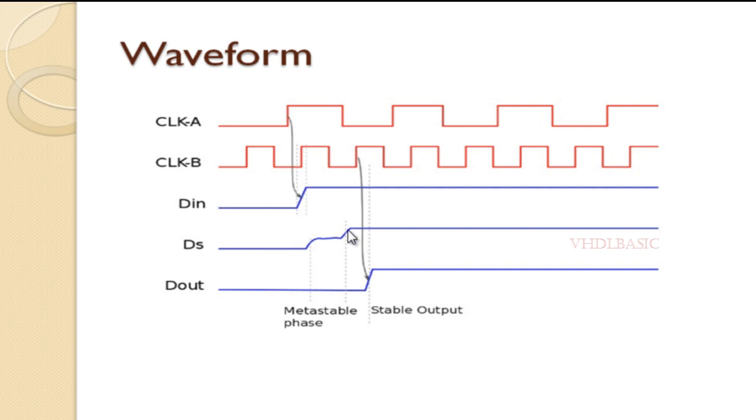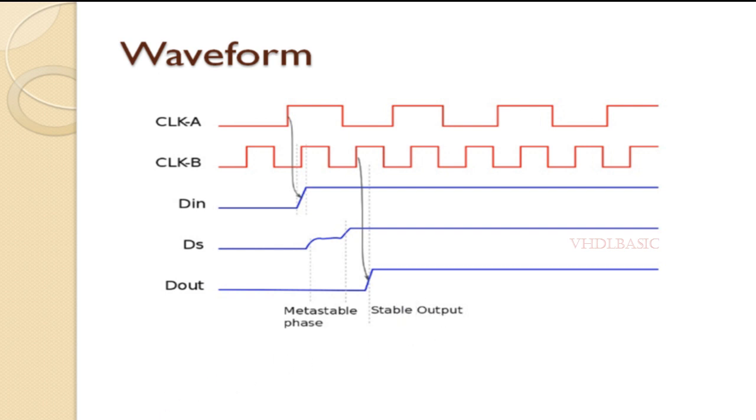Then on the next clock it will stabilize, right? Then the next flip-flop will capture this stable value and it will give the proper D out output here. So this is how we can reduce the metastability and we can get a stable output here.